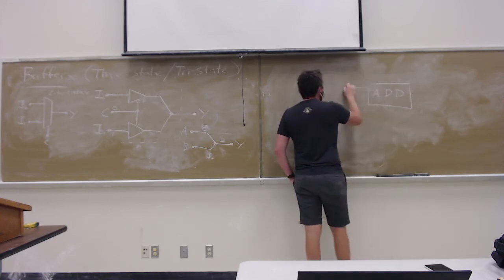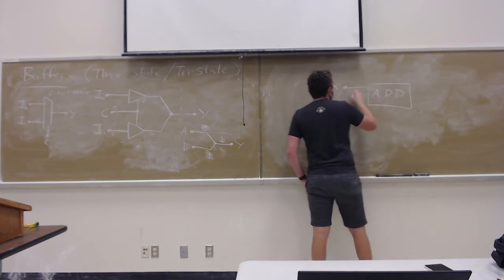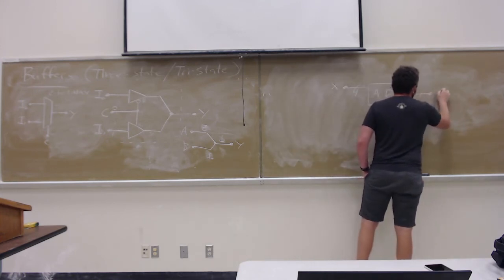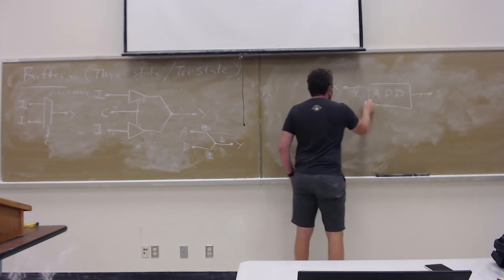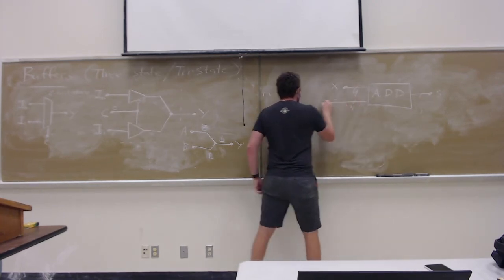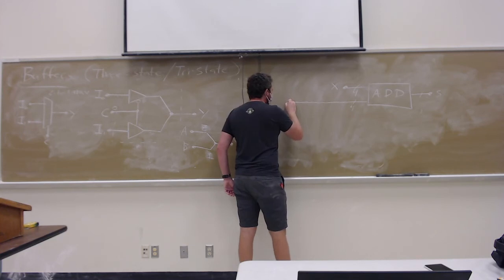So we'll say that it's going to add from X, let's say that's 4 bits, and it's going to produce a 4-bit sum. But the other operand, that's 4 bits, well, we're going to tie it to some other stuff, right?